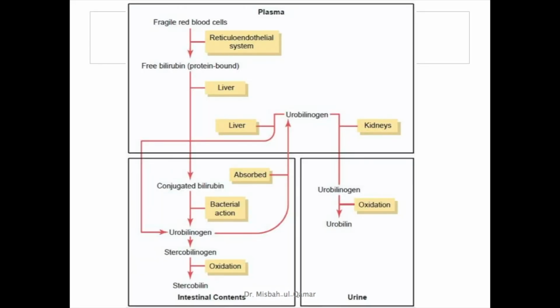Here is the flow chart, which is explaining the same process I already told you, and carefully look at how the urobilinogen becomes urobilin in urine while it is stercobilin in feces.